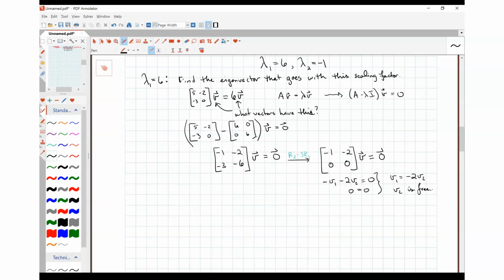And now, since that's the case, our general solution to this homogeneous system is this: -2v2, v2. And that general solution represents all of the vectors that point along this direction. I just need something simple that can specify this direction. So I just need a simple particular solution.